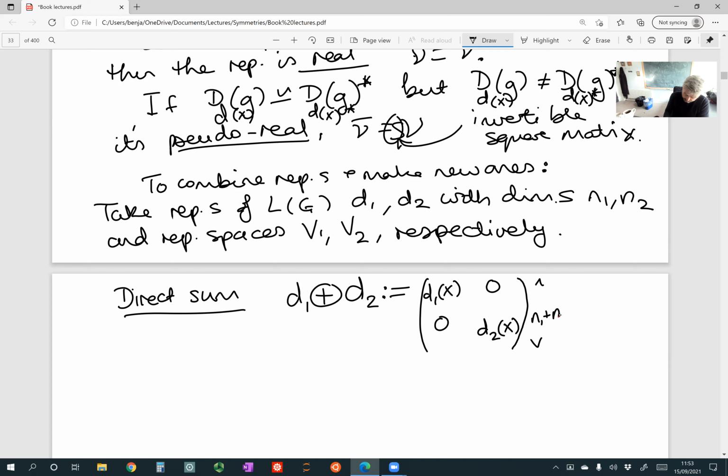So this is N1 plus N2 by N1 plus N2. This is for all x in the Lie algebra. Simultaneously, there has to be some transformation that we can make such that that is the case.